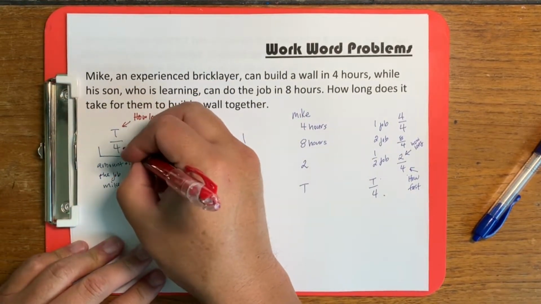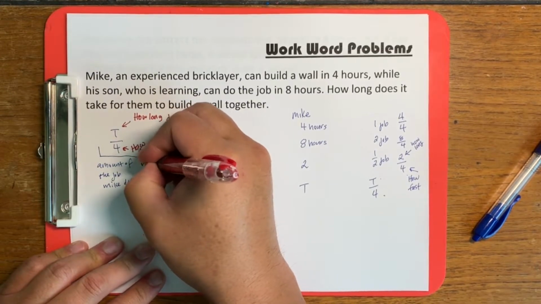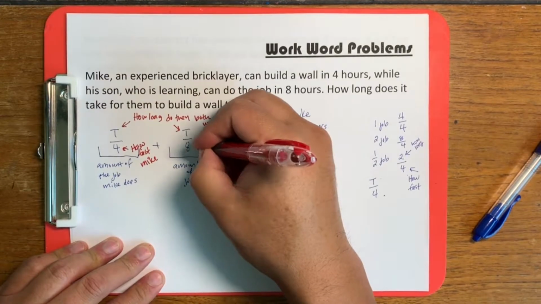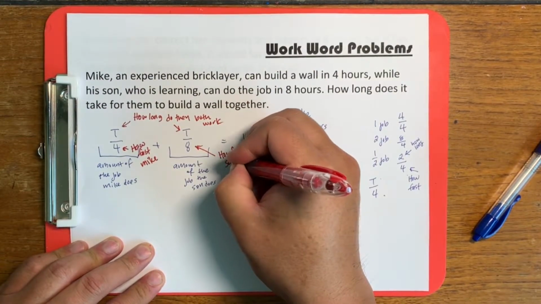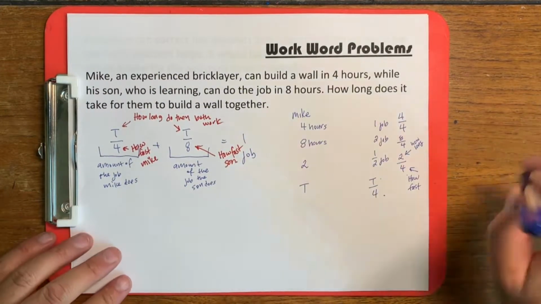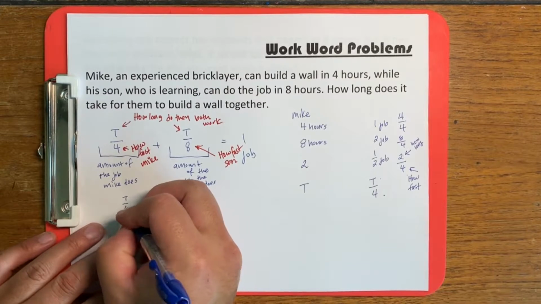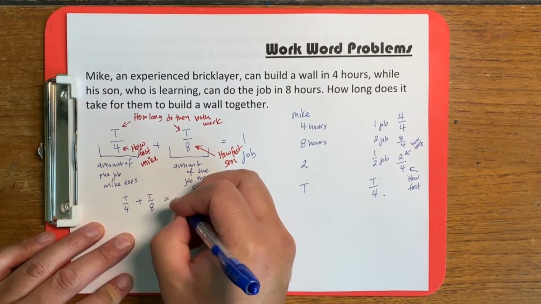This is how fast Mike is, and this is how fast the son is. Okay, so now we have T over 4 plus T over 8 is equal to 1.